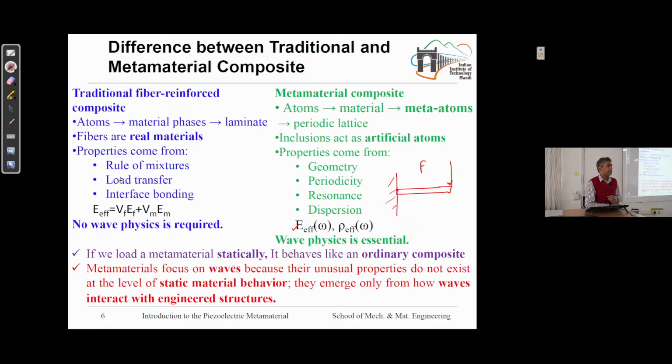At a certain instant they may be 0 or negative, but in the real sense they are not actually negative or 0. That is a very important concept of the metamaterial. Metamaterials are designed only to sustain dynamic loading, because dynamic loading has frequency, and the effective properties of the metamaterials depend on the frequency.